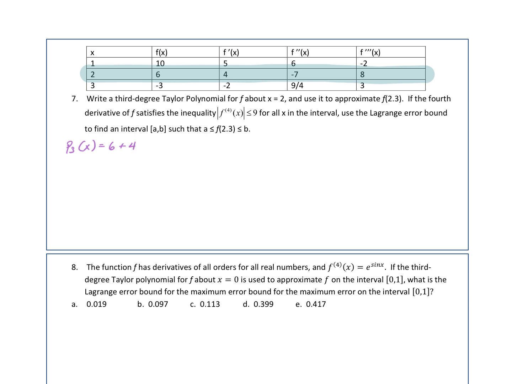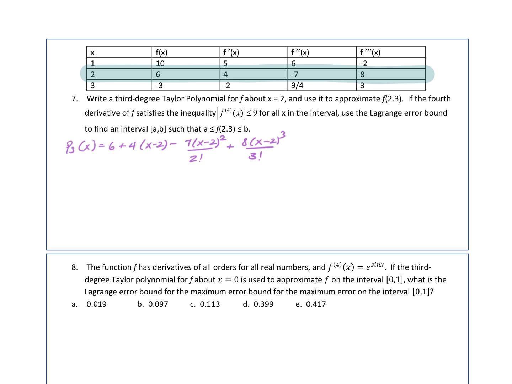It's centered at 2, so x minus 2 to the 1st power over 1 factorial, then minus 7 times x minus 2 squared over 2 factorial, and then plus 8 times x minus 2 cubed over 3 factorial. Again, that's perfectly fine to leave.